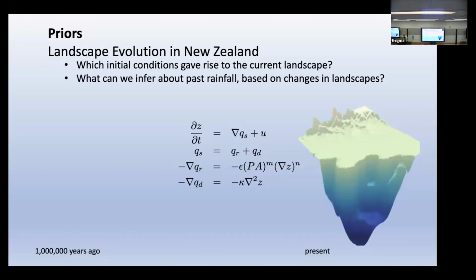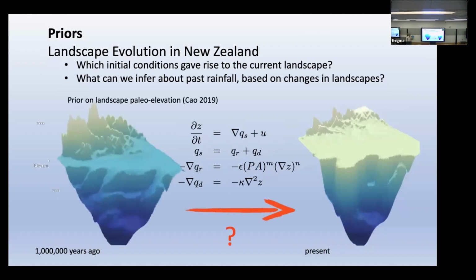So I'll just go from there. Here's our landscape evolution. These are our series of equations. What we want to do here is understand what it might have looked like back in time. In particular, they're interested in what the rainfall may have been, because that tells us a bit about what our past climate was, so then we can infer something about our future climate. The idea is we want to posit a model. Now, there are models currently that exist for what the landscape looked like X million years ago.